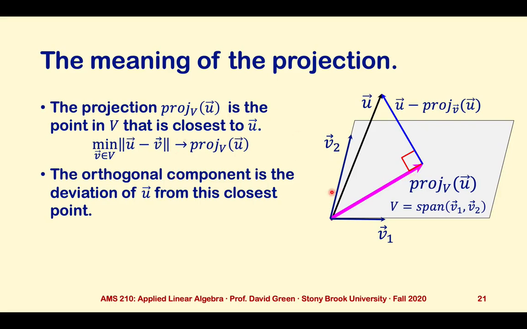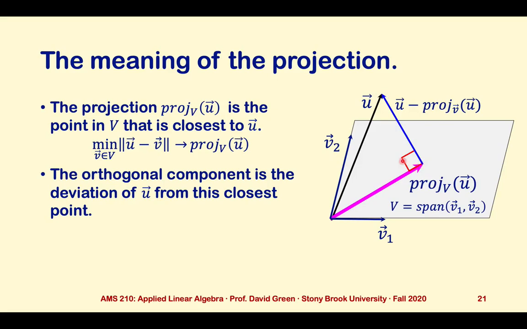So another way of thinking about the projection is as the single point in the vector space V that is closest to U, closest in the sense of a Euclidean distance, the norm of a vector: the vector in V that has the smallest length when we compute the difference U minus V. The closest point to U in V. The orthogonal component is then the deviation of U from that closest point.